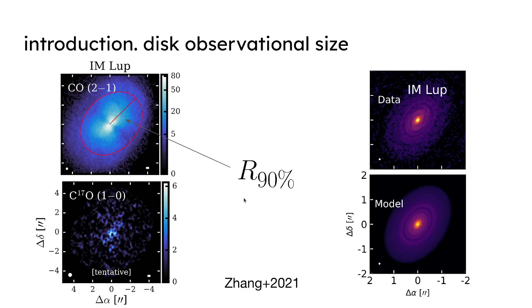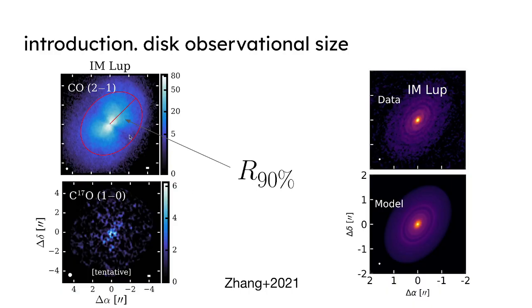For example, here I have a few intensity maps, and let's look at the top left. This is an intensity map in the CO line, rotational transition 2 to 1, of a disk in Lupus. This is from one of the MAPS papers. MAPS is a large program on the ALMA telescope.